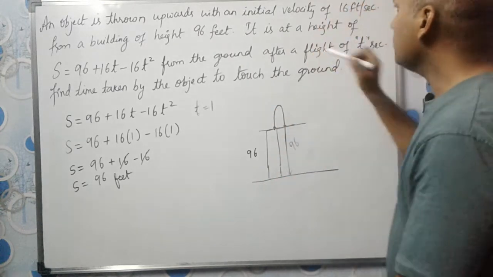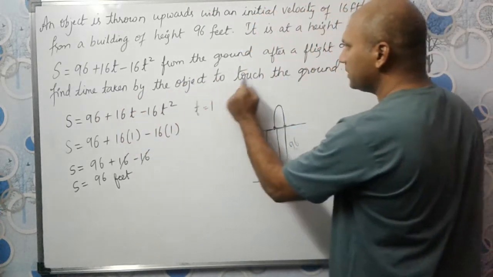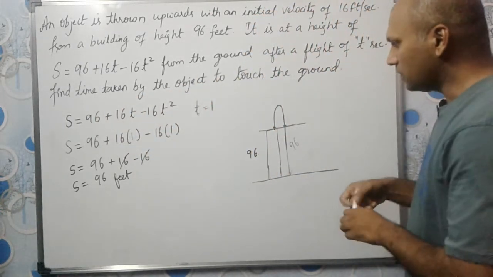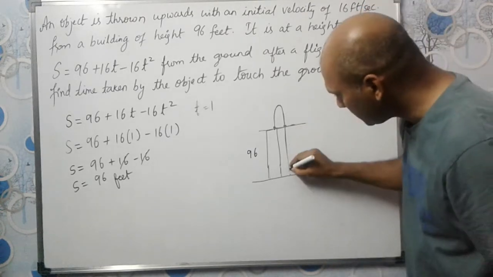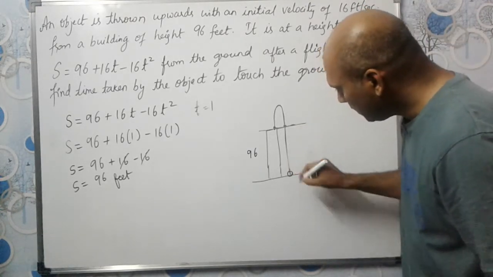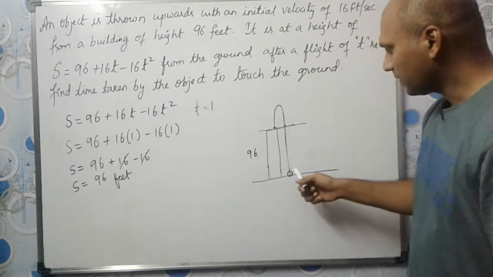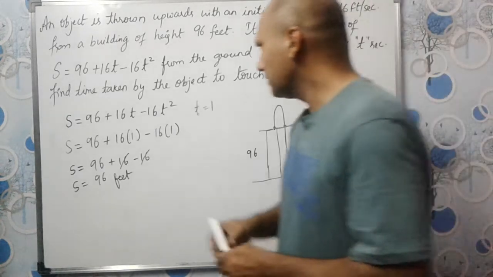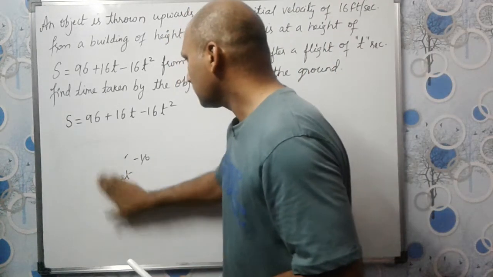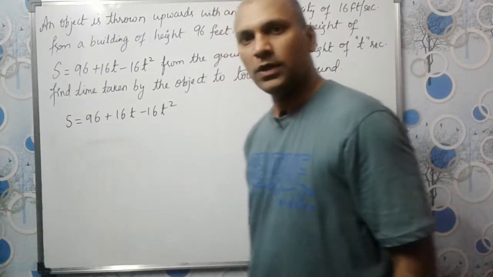Okay, now what is given? Find the time taken by the object to touch the ground. So if the ball is touching the ground, which means the ball is here. What will be the distance between the ball and the ground when the ball is here? It will be 0, right? So this s should be equal to what? 0.